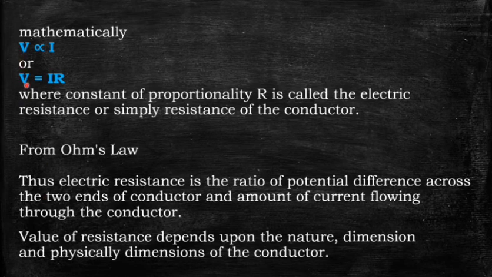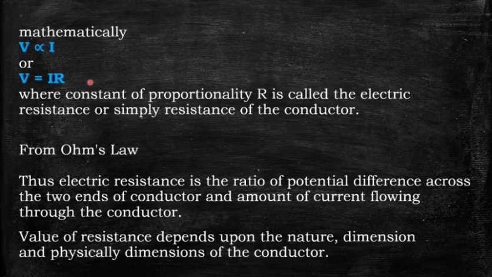If we take this proportionality constant as R, then the equation will become V = I × R, where constant of proportionality R is called electrical resistance or simply resistance of the conductor. This R is nothing but the resistance of the conductor.